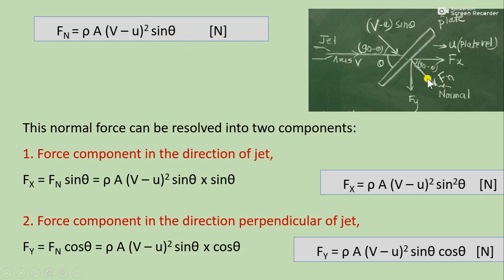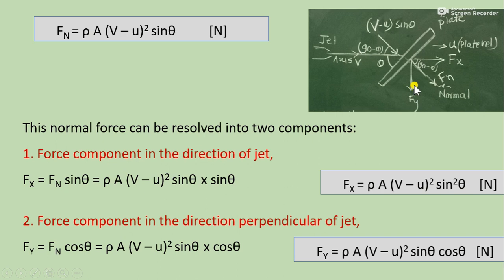Now this Fn component can be resolved into two components. One is horizontal, that is Fx, and the vertical component, that is Fy. Fx can be written as Fn sin theta. So Fn is known, and Fx is equal to rho a (v minus u) square sin square theta.